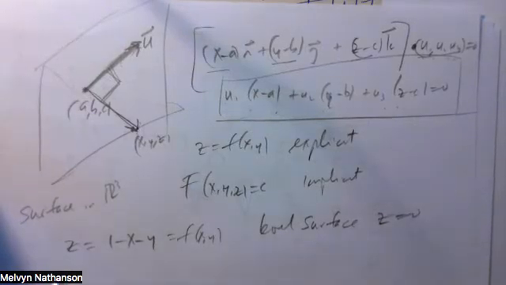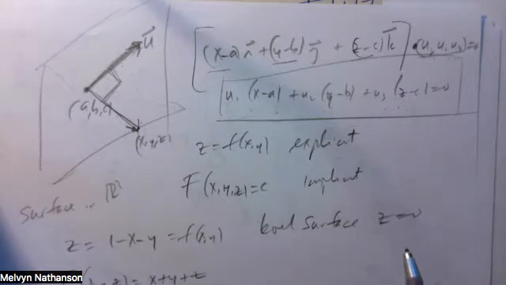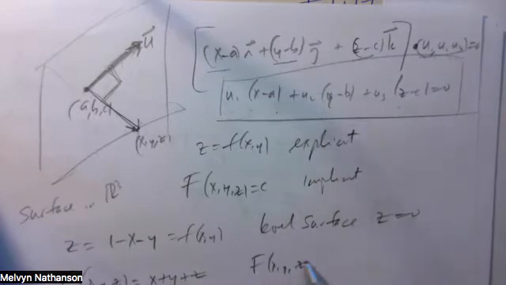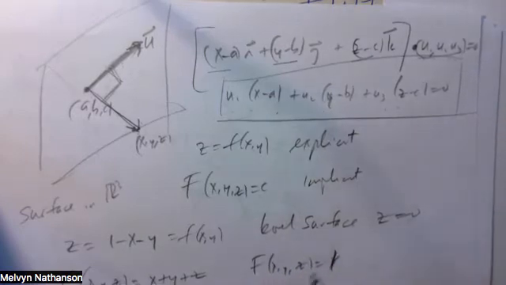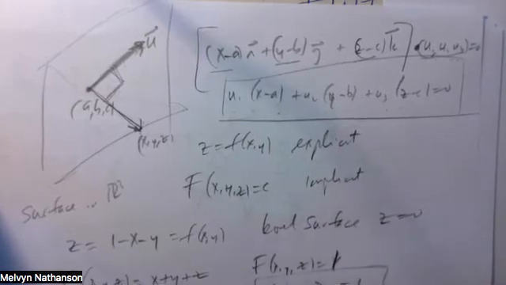Or we could look at a function capital F of x, y, z equal to x plus y plus z, and we could ask for the surface where F of x, y, z equals 1. That's all the points where x plus y plus z equals 1.